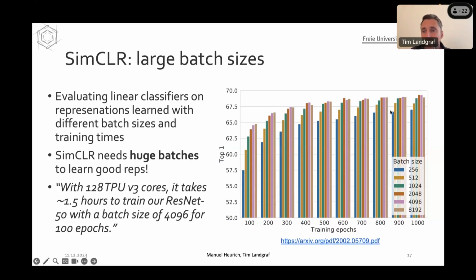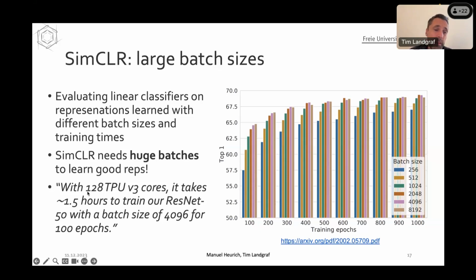There's also another plot in the paper for much longer training times. We see that in the end, even the large batch sizes kind of make a little dip downwards. I think in the paper they either use the 4096 batches or the 8000 batches for the plots that they produced.